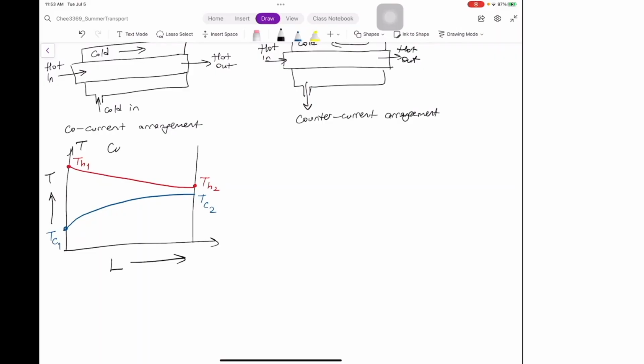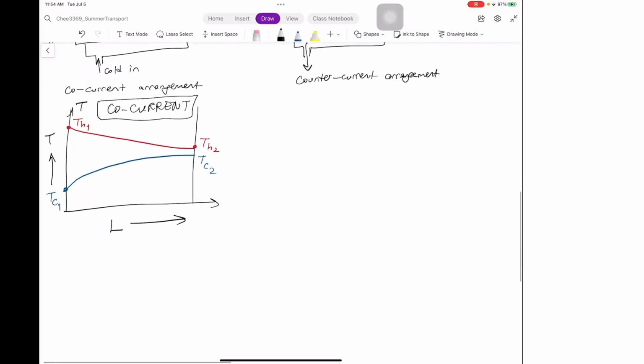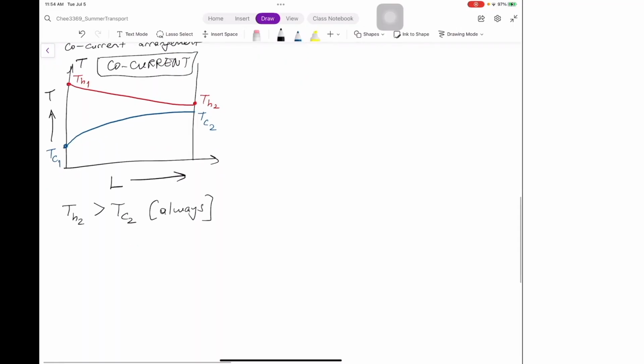Let's write it particularly concurrent. And we say that T hot 2, the hot out, is larger than T cold out always for this arrangement. Because there has to be heat transfer.